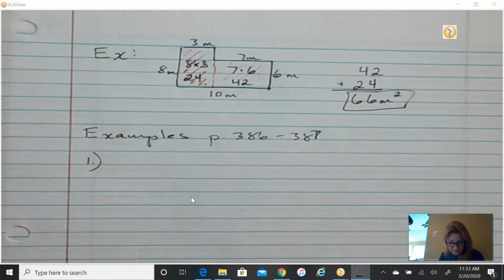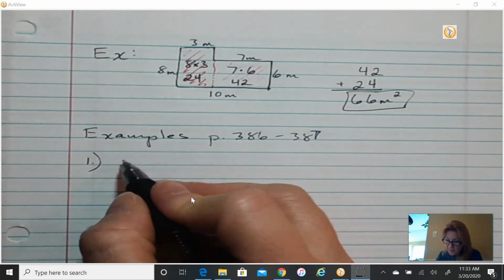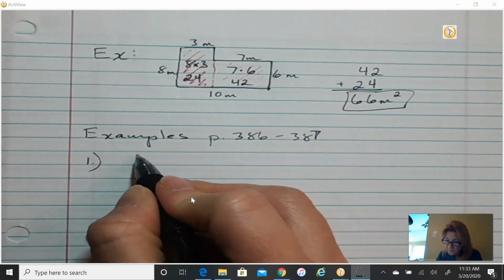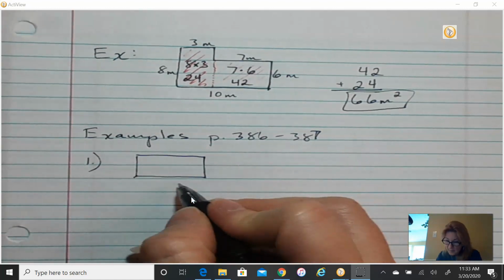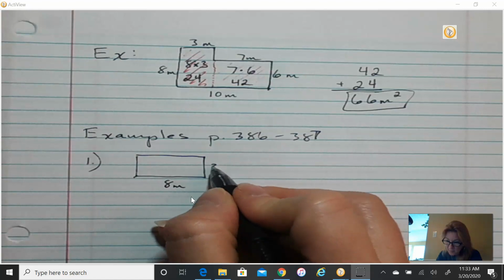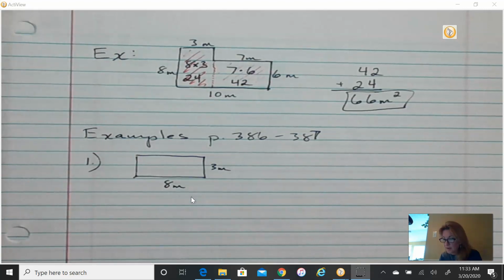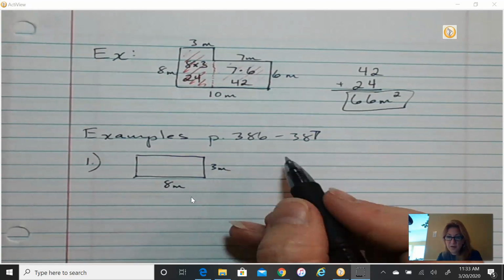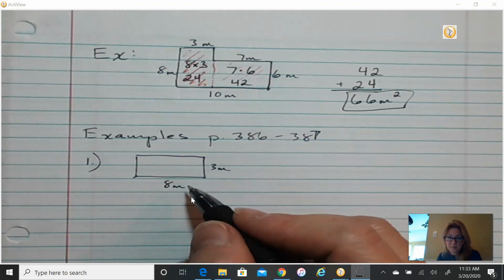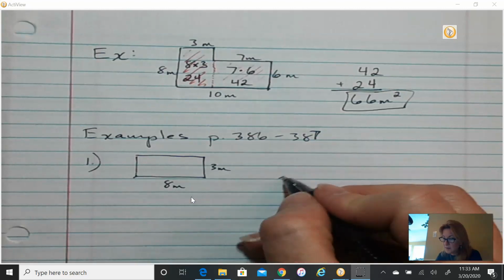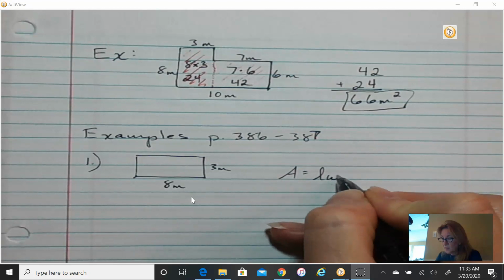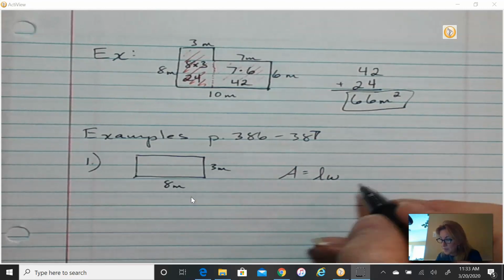Sorry about that. All right, so number 1, they give you a picture. 8 meters and 3 meters. They want you to find the area. Guys, all you're doing is multiplying these 2 numbers. 8 times 3. Again, area, length times width.